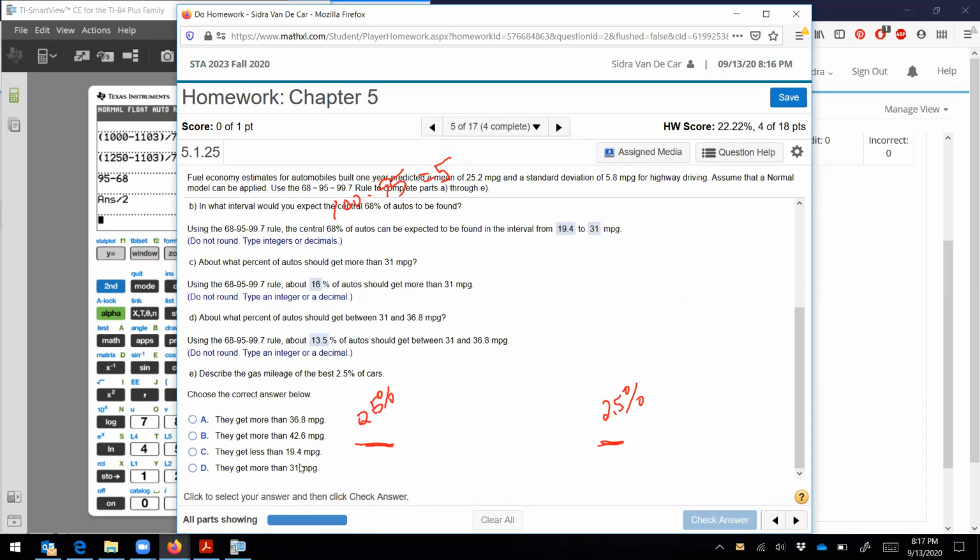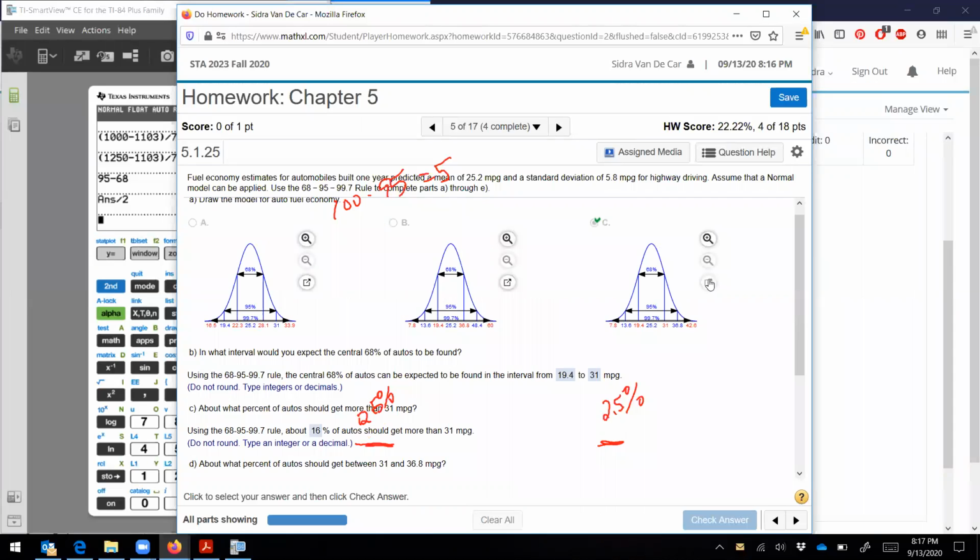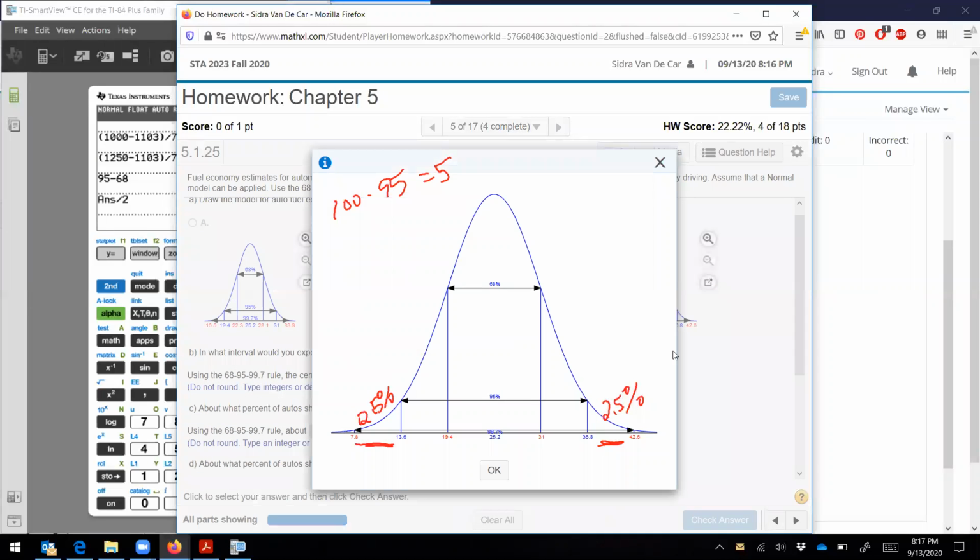I really don't like the way this question is phrased. And I'm going to explain to you the reason why I don't like how this question is phrased. If I look at this, two and a half percent of the data is here.